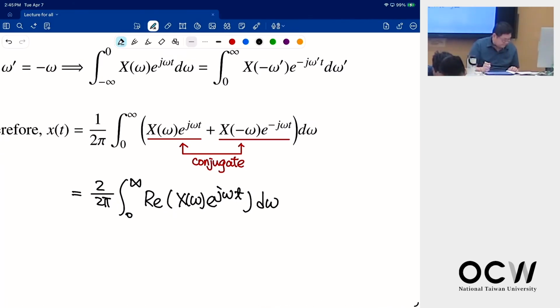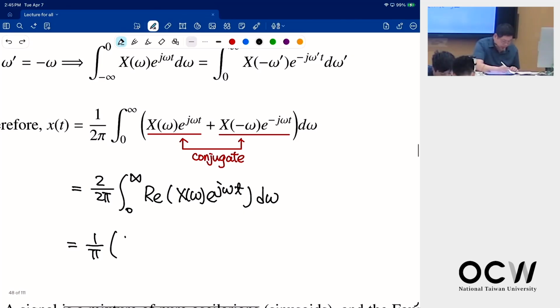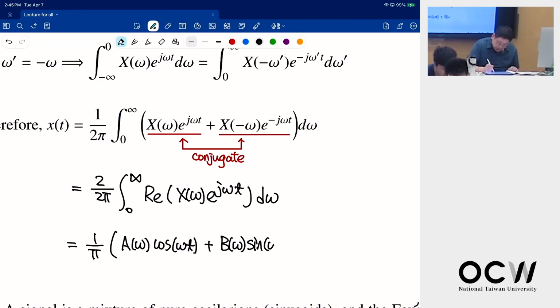And what is the real part? That is 1 over pi. Here we have a coefficient times cosine omega t, and then a coefficient times sine omega t.